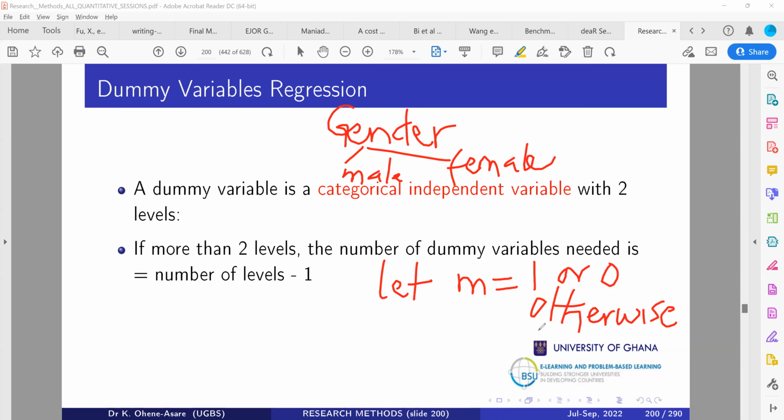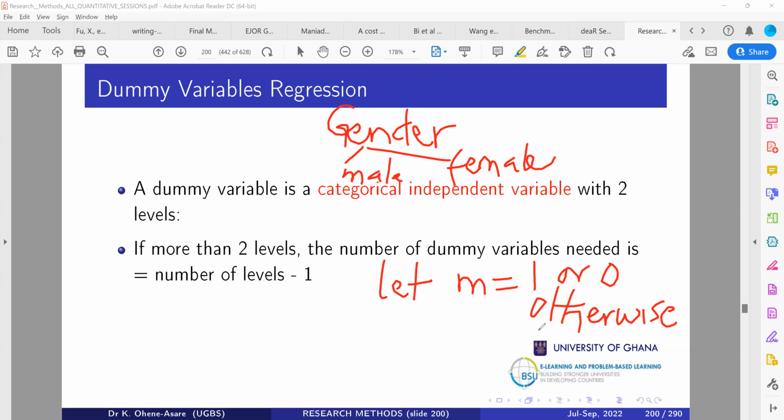Whenever I mention the male, I'm mentioning the male in reference to the female, but I don't have to mention the female. Or suppose I'm talking about female, I don't have to mention the male, because when I mention the female, I'm talking about female in reference to male.